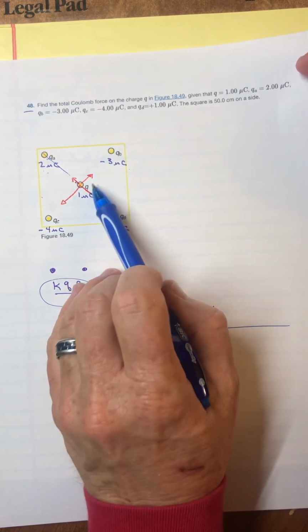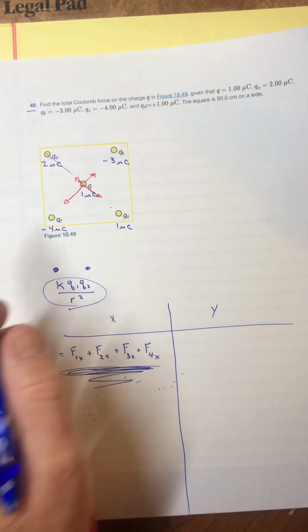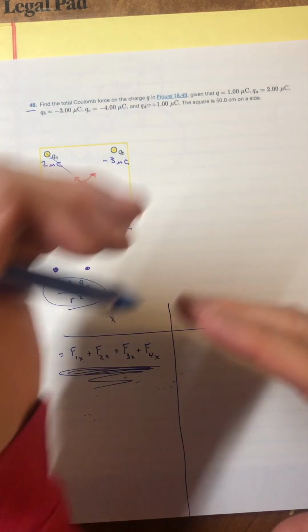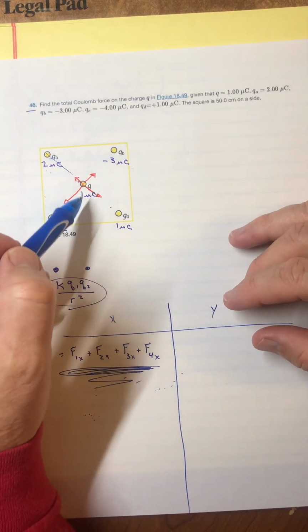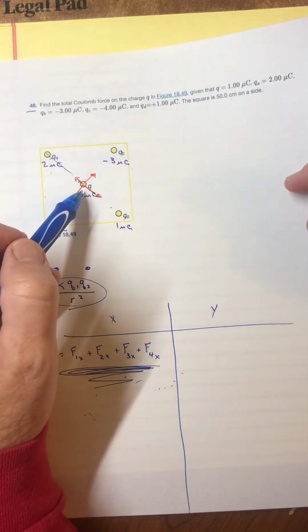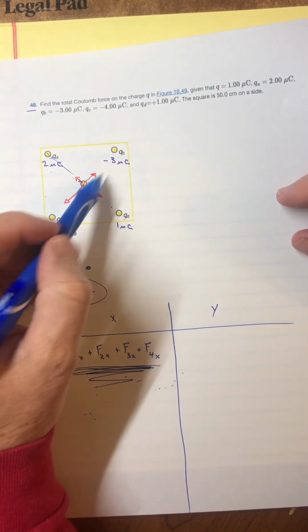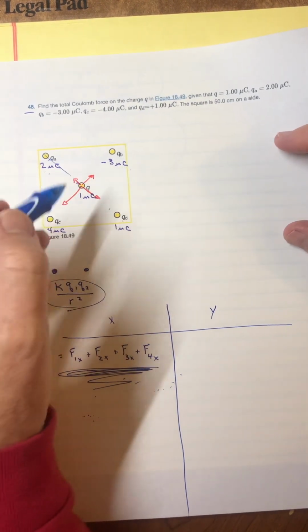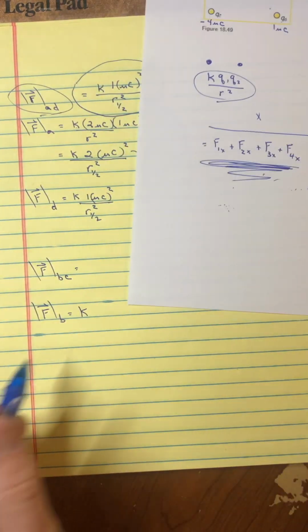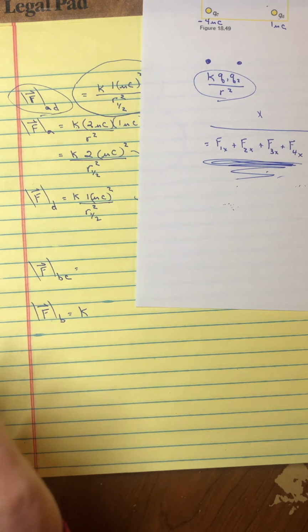And so when I look at B, there's going to be a 1 and a 3. And it's going to be kind of up to the right. I won't worry about the negative. I'll keep in mind what direction it is. I'll use the fact that these are opposite charges to remind me that it's up and to the right. But I'm doing the magnitude, so I'm not going to have a negative value.